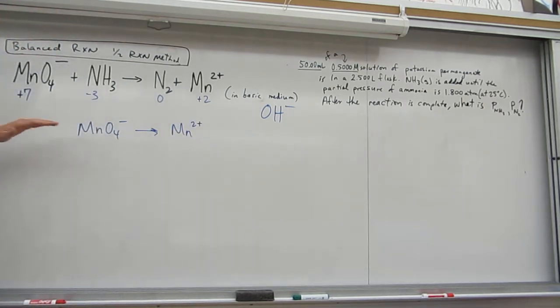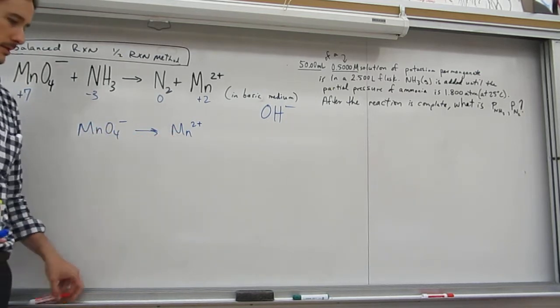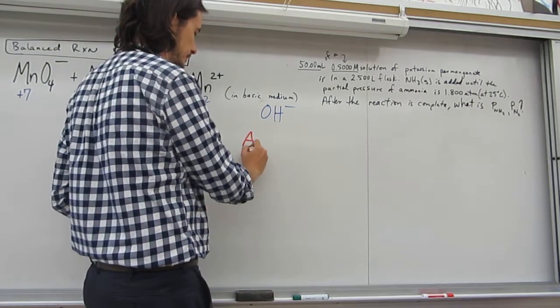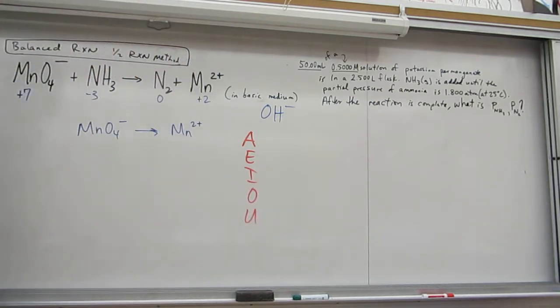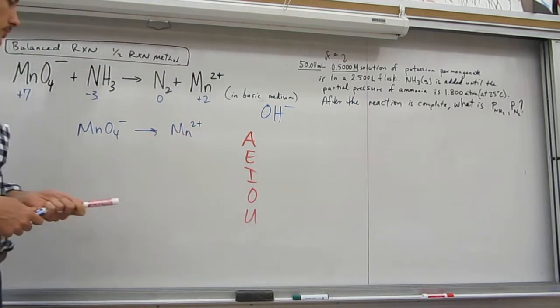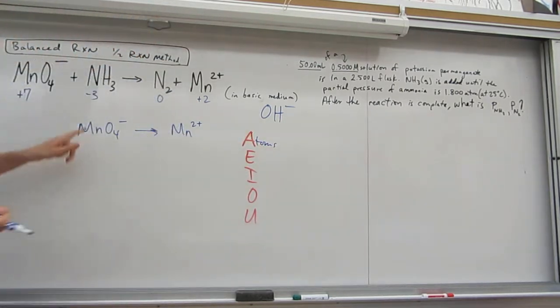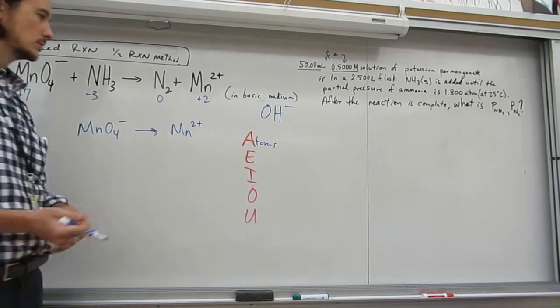So we have the reactant, the product, and we need to remember our vowels. So we've got A. First thing is atoms. There's one manganese atom on the reactant side, one on the product side, so we're okay.